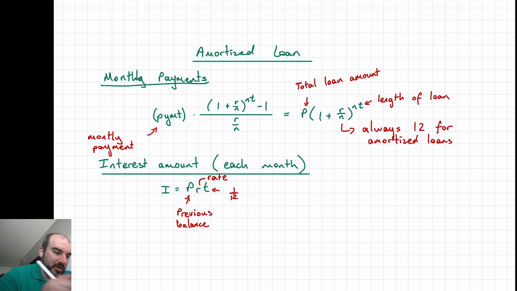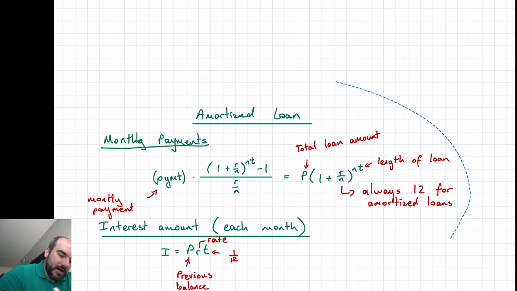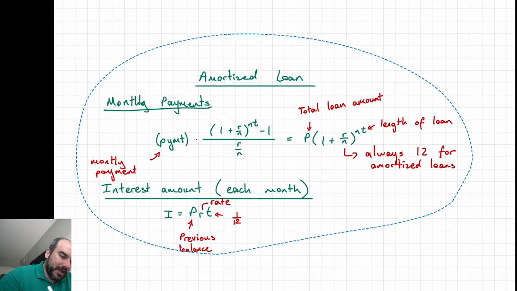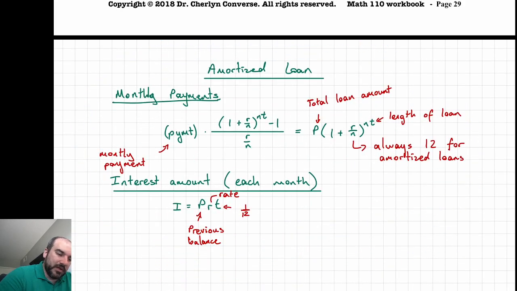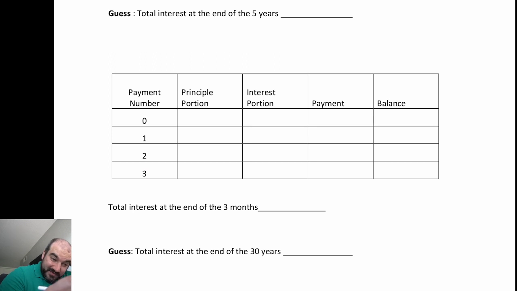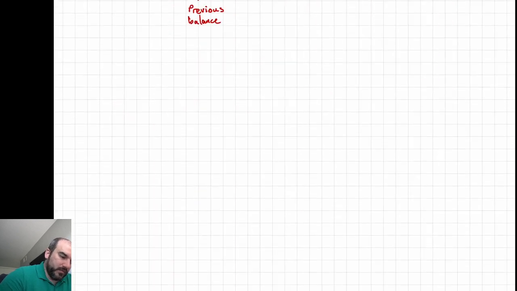Let me do an example where I calculate the monthly payment, and maybe I'll do the interest for the first month so you can see what it looks like. So let me grab one of these tables real quick, and throw one down here.